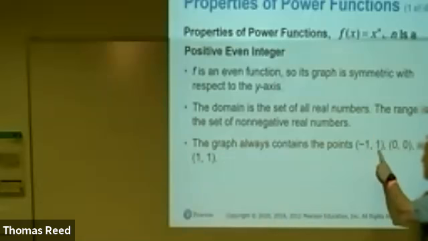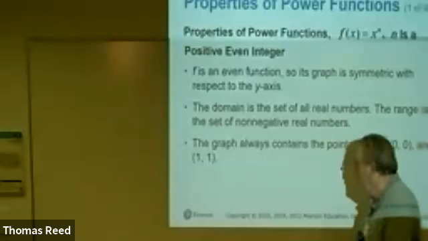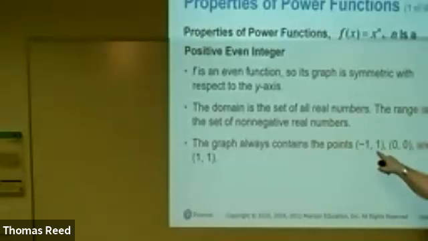-1, 1, because -1 raised to any even power will be a positive 1. -1 squared, -1 to the 4th power, -1 to the 6th power, -1 to the 8th power, -1 to the 200th power. It's still going to be 1.